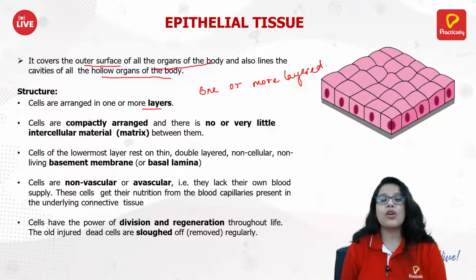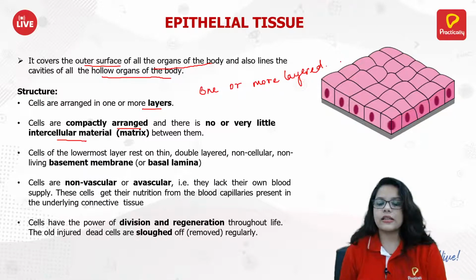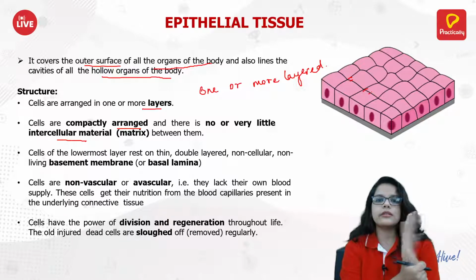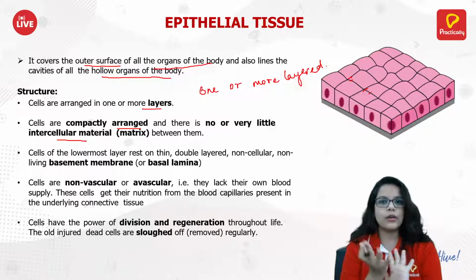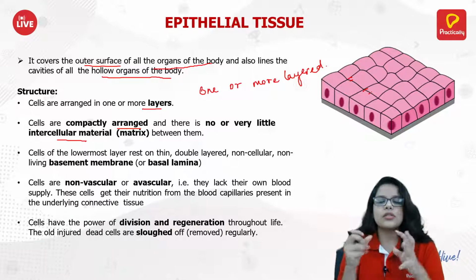Cells are compactly arranged and there is no or very little intercellular matrix. See here, you can see there is no space. When we look at our skin, are there any spaces? Are there any holes? No, right? They are just closely compact with each other.